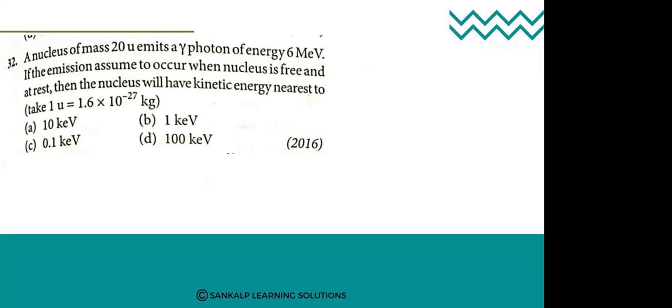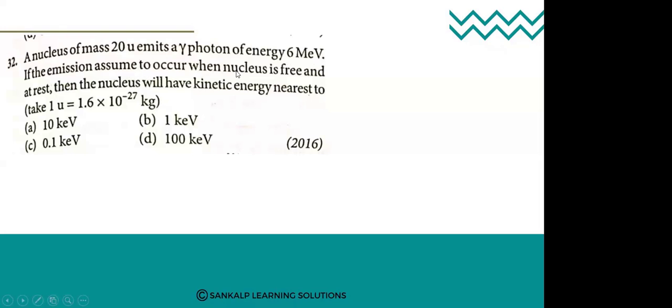See this one. A nucleus of mass 20 U emits a gamma photon of energy 6 mega electron volt.